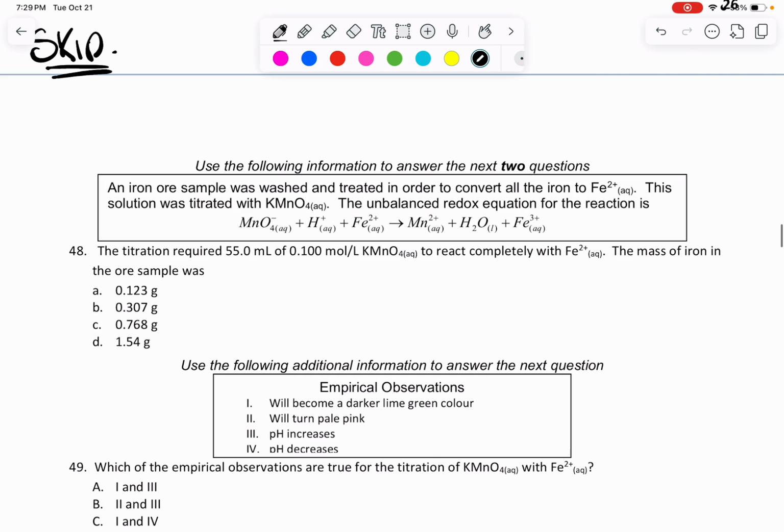For this one, an iron ore sample was washed and treated in order to convert all the iron into iron 2. The solution was titrated with KMnO4, and an unbalanced redox reaction is here. So what we're going to have to do is balance that redox reaction.